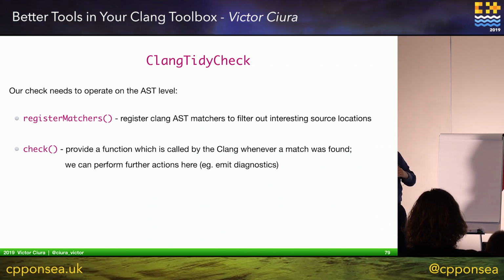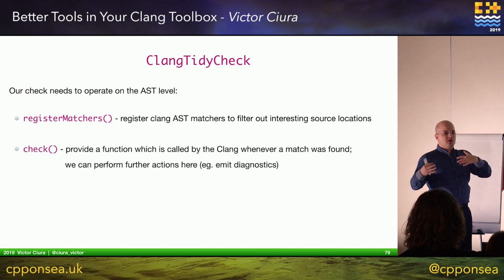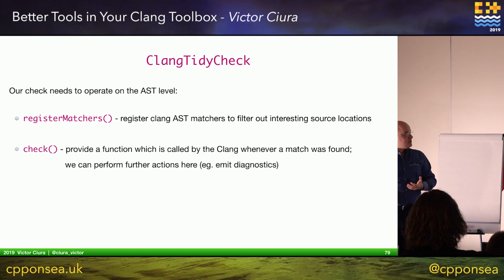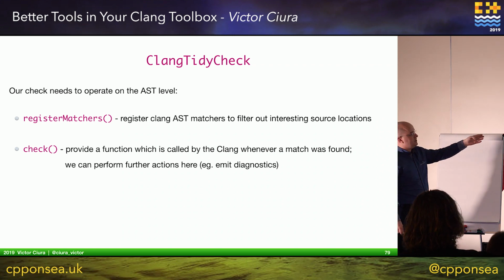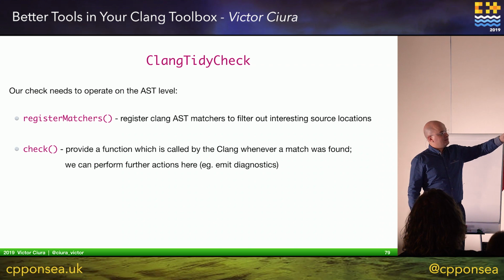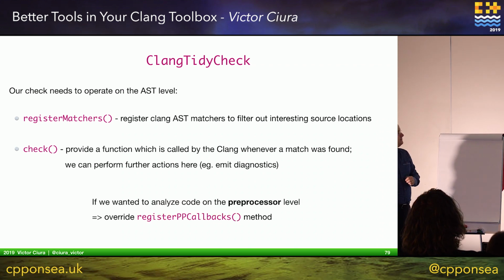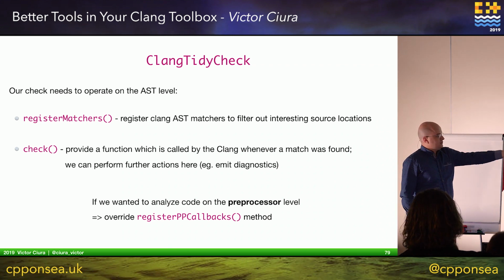So this is where you define what you're interested in your particular check. What pattern are you looking for? A method declaration, or a definition, or a particular construct, or an expression that you're targeting in the structure of your AST. And the check function is called when Clang detects that pattern that you declared. And this is where you can take action.